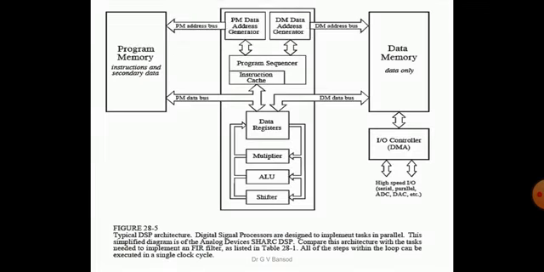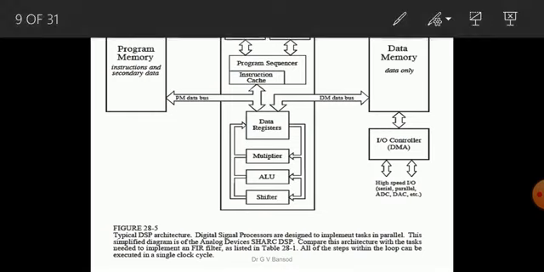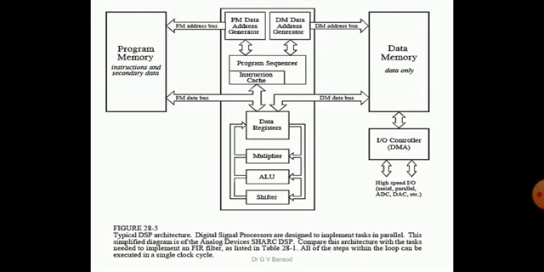And definitely, when we talk about the I/O controller, what I mean to say is there will be any number of peripherals connected to my DSP, like ADCs and DACs, and they will be throwing data.